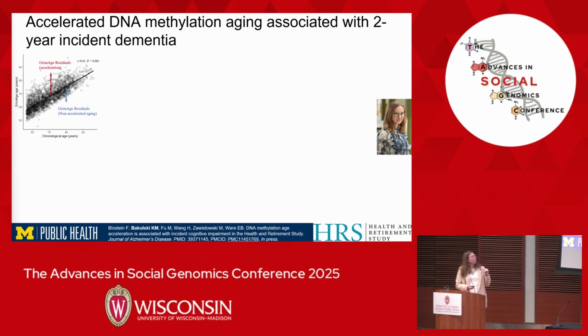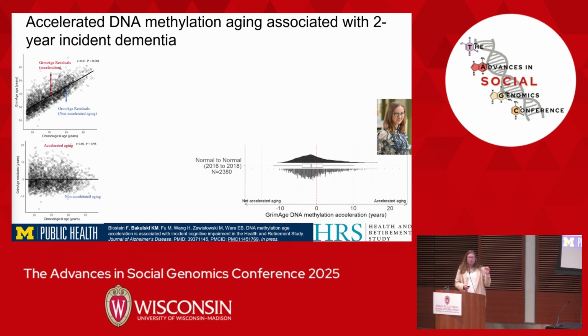And here we took the residuals of one particular marker and tested for an association with cognition, much in the same way we did with the genetics. But here we're looking at over time. So we've got methylation measured at one time point, and we've got the cognitive outcome measured 2 years later. And here's the density plot of the participants who stayed with normal cognition the whole time. So you can follow this median line where it's going to travel.